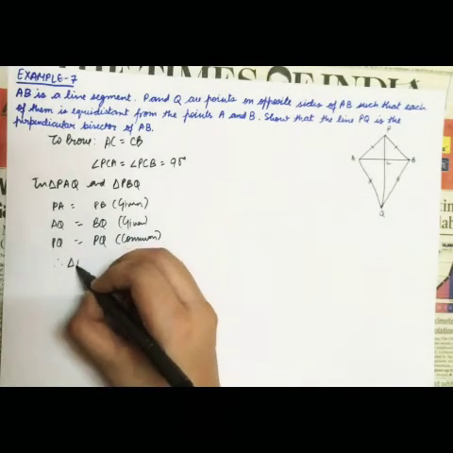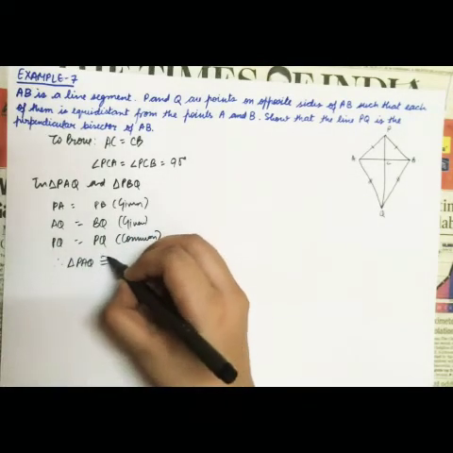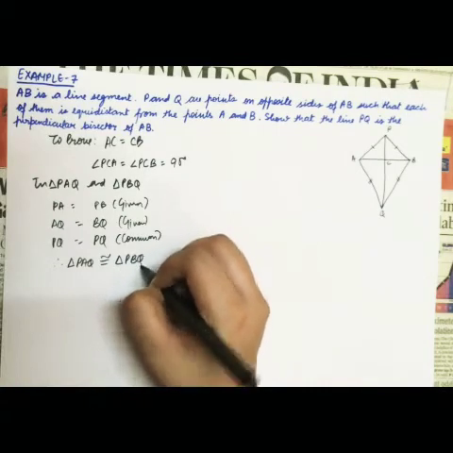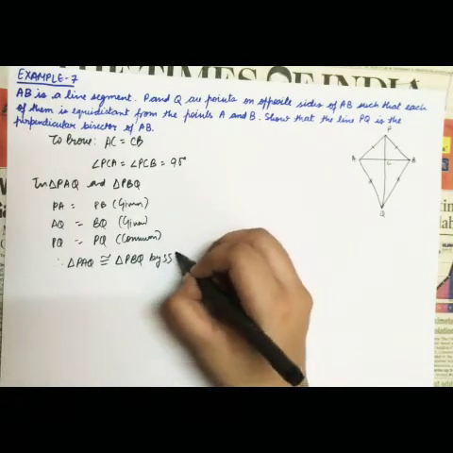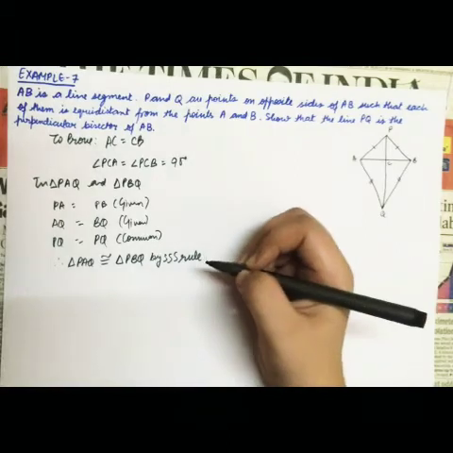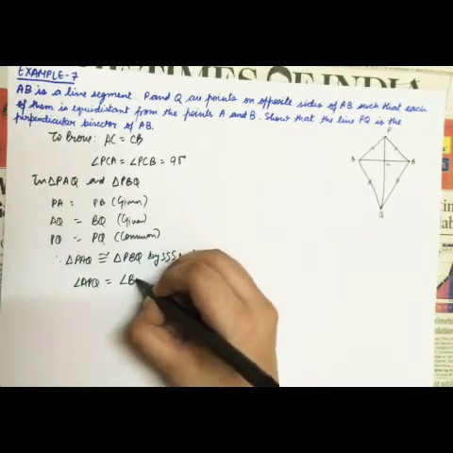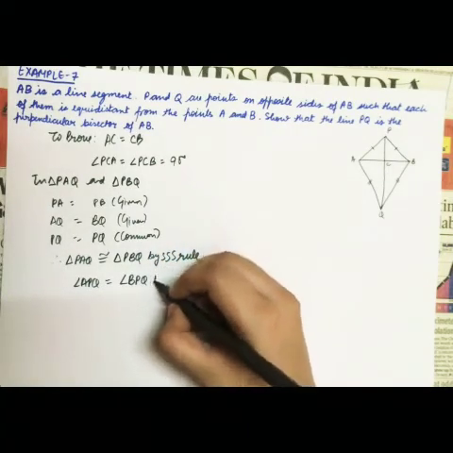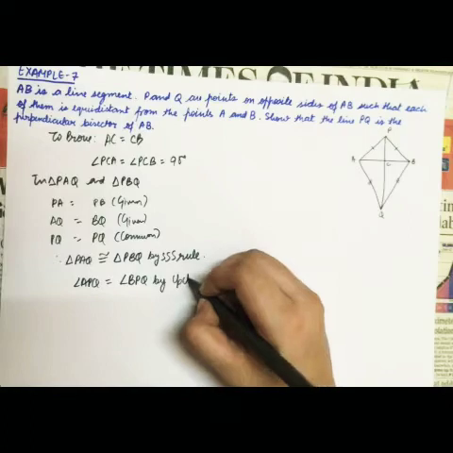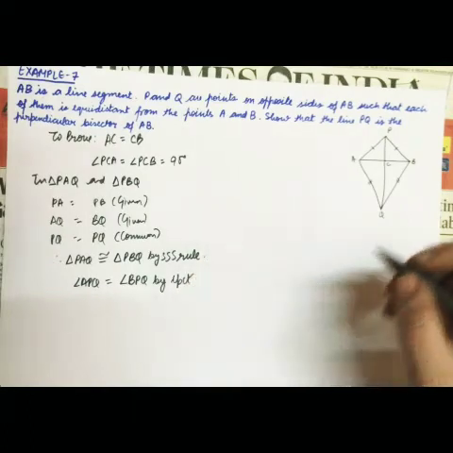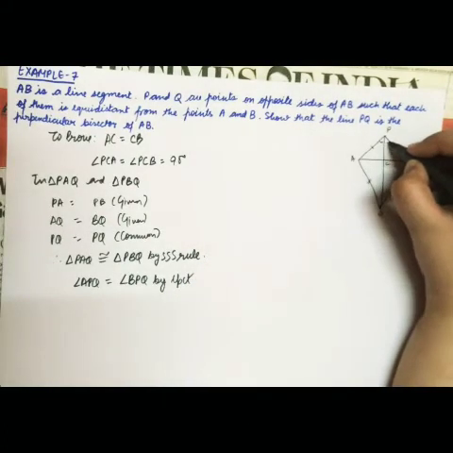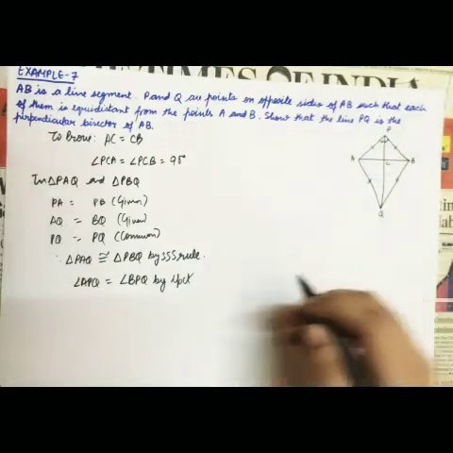Therefore triangle PAQ is congruent to triangle PBQ by SSS rule. So now we can say that angle APQ is equal to angle BPQ by CPCT, which means this angle and this angle are equal.